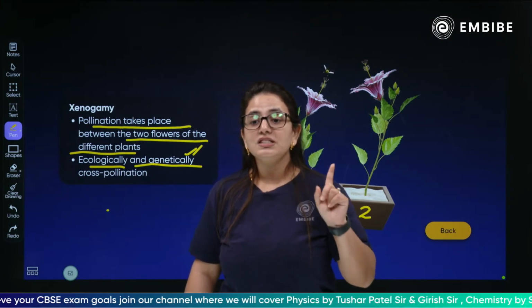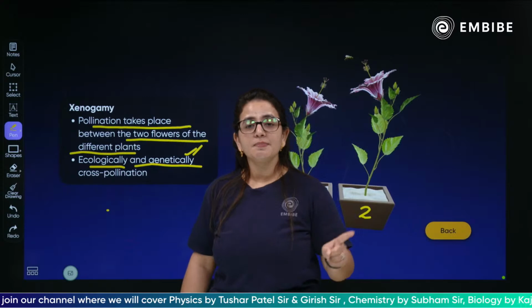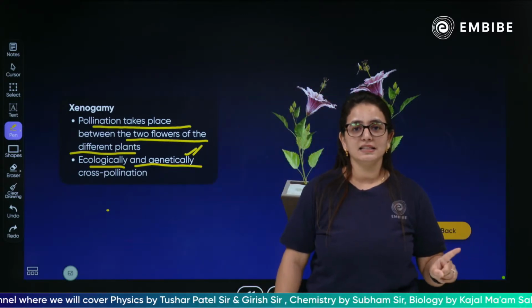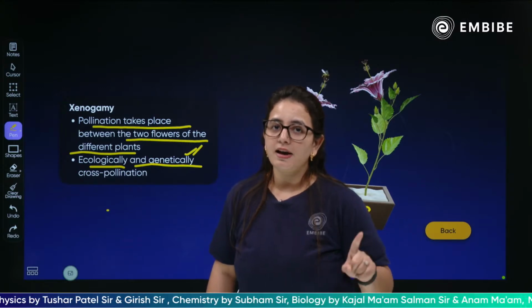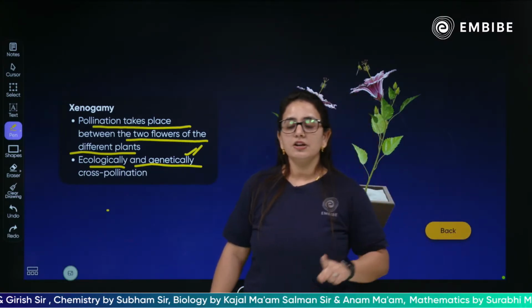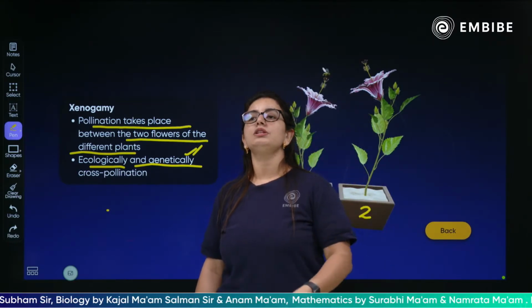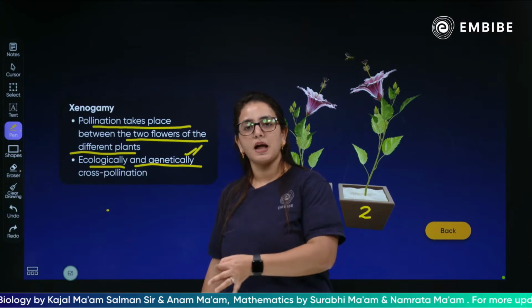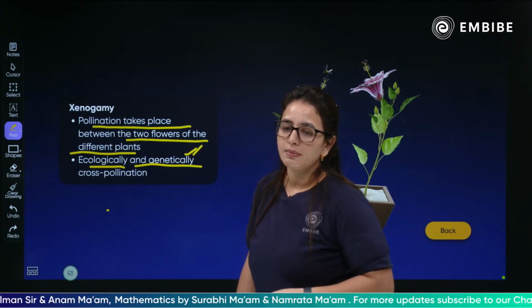Children, remember, it has to be of the same species, not of different species, otherwise the pollen might not germinate. So the transfer of pollen grain from one plant to a flower of another plant of the same species is called Xenogamy.